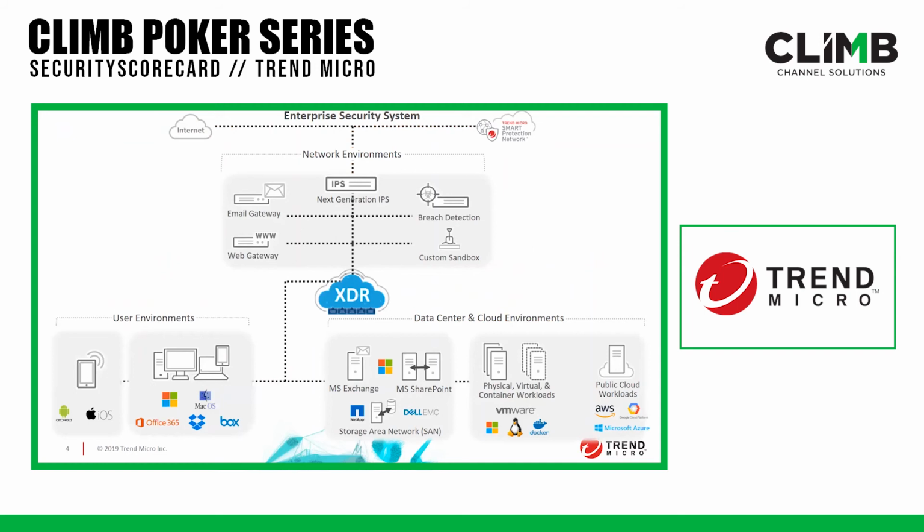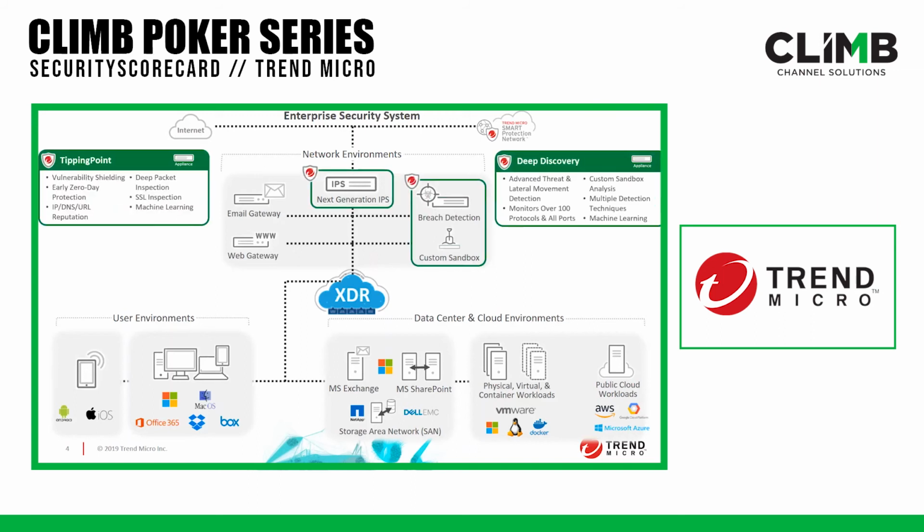I'm not going to go through this in great detail, but this is the breakdown of our products versus the solutions that we have. TippingPoint, which is an IPS solution, as well as Deep Discovery, which is a sandboxing tool, are the main products involved in our network solution.